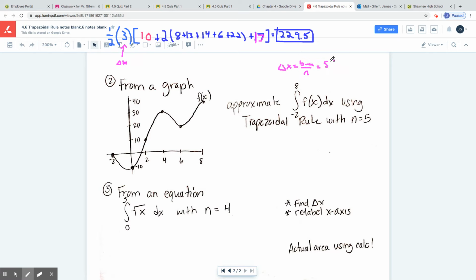B is 8, minus a, which is negative 2, over n, which is 5. Double negative goes positive, so we get 10 over 5, or 2. So it's going to be 1/2, because it always starts off with 1/2, times your delta x, which is 2.